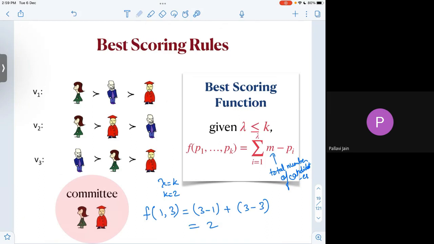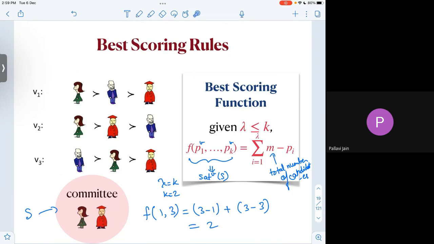Essentially what we are doing is assigning a score to every voter. This is for voter V. We will also call it the satisfaction of voter V from committee S. So what are you doing here?